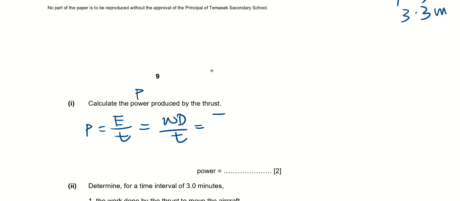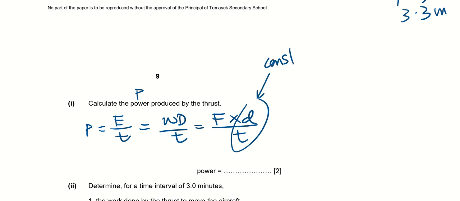Work done is force times distance moved in the direction of the force, over time. So if I have constant velocity, and d over t is velocity, then you can convert into this formula, F times v.